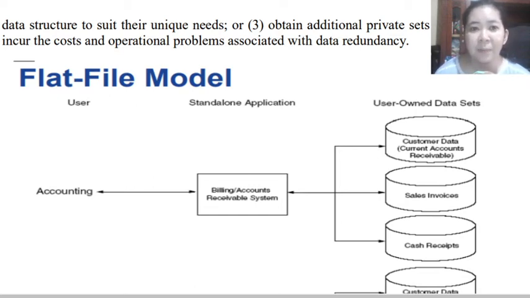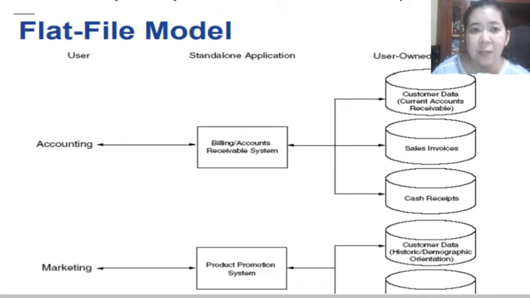So here, for example, we have the users. Our users here are marketing and accounting. In this case, they have different needs. For example, the accounting department would want to know the information related to the billing or accounts receivable system.